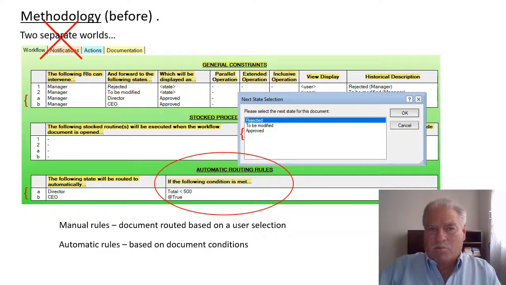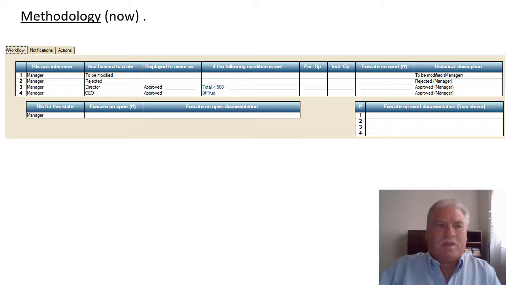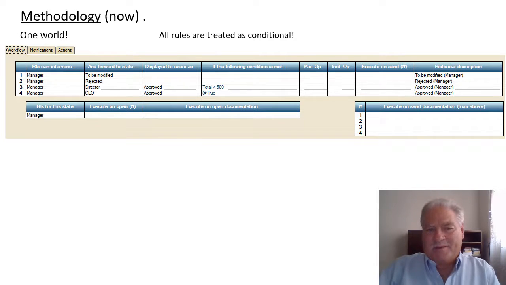We've gotten away from all that. Now there is just one rule. With a very simple insight, we now treat all rules as conditional. And the insight is this. We have simply used an @true for those rules where there is no explicit condition specified.